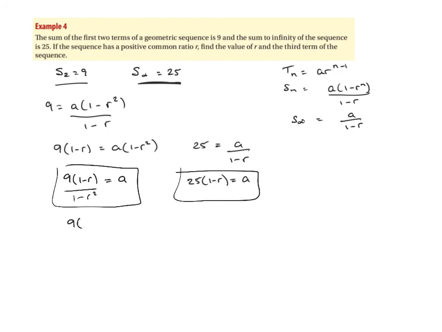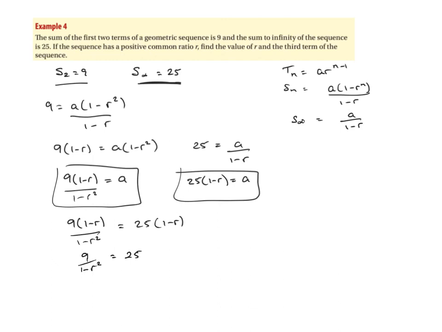So we've got 9(1 - r) over (1 - r)^2 is equal to 25(1 - r) on the right hand side here. This a is equal to this from the first equation, a is equal to this from the second equation, so we can equate them. There's 1 - r here, 1 - r here, so we can divide both sides by that, which means we end up with 9 over (1 - r)^2 is equal to 25.